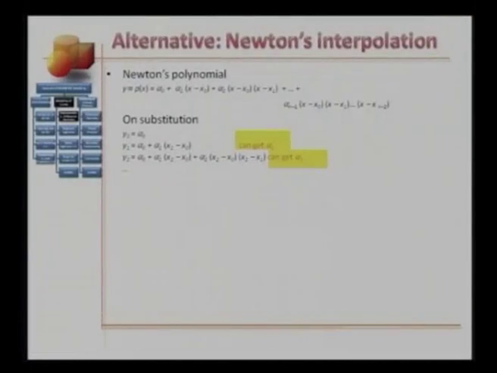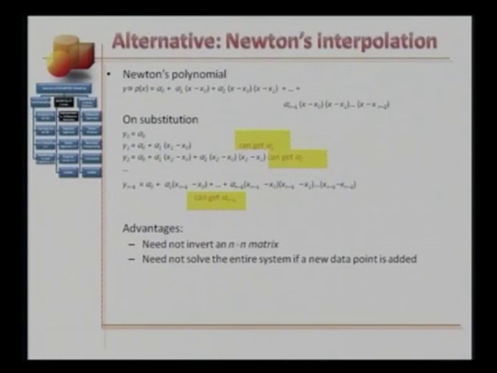We can continue with this process and eventually get alpha n minus 1. We will discuss this later, but just briefly, these coefficients alpha 0, alpha 1, alpha 2, alpha n minus 1, are all called the divided differences. What are the advantages?